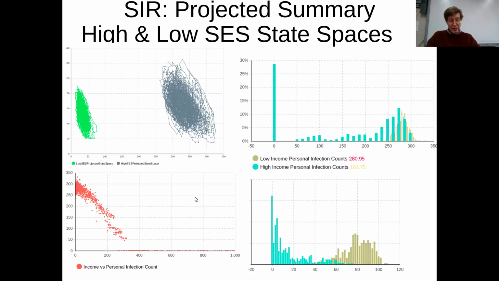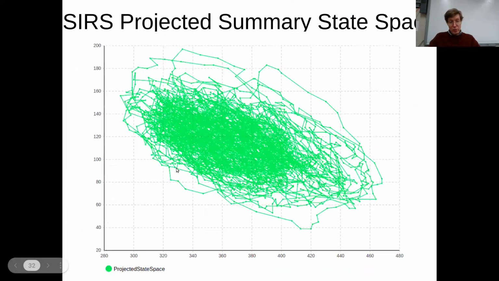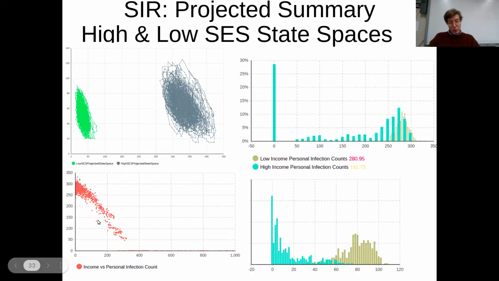We've hinted at this, haven't we, in some previous explorations. We've seen, for example, induced from a model like this, these low-dimensional associations between income on the one hand and infection burden on the other. These are not, again, just all over the map. Even though this is summarizing hundreds of agents, there's clear order here.